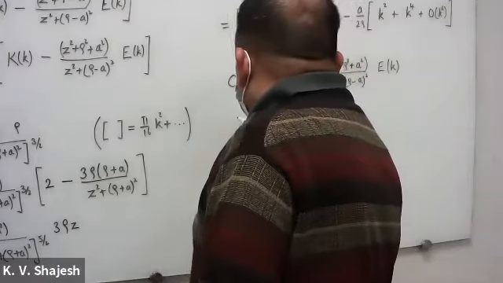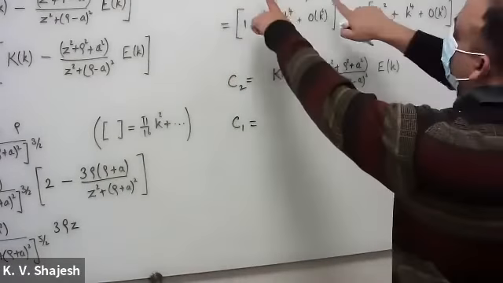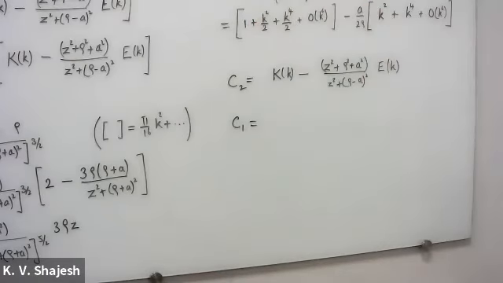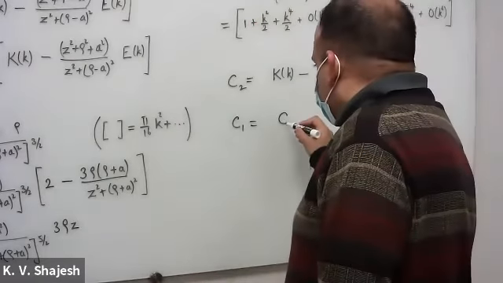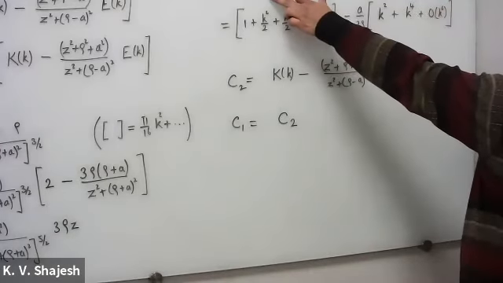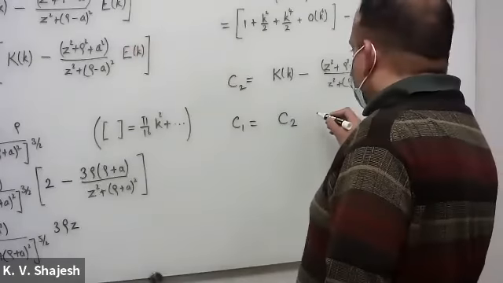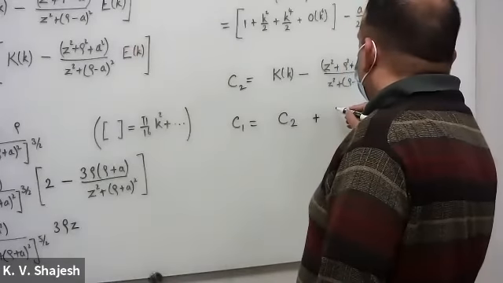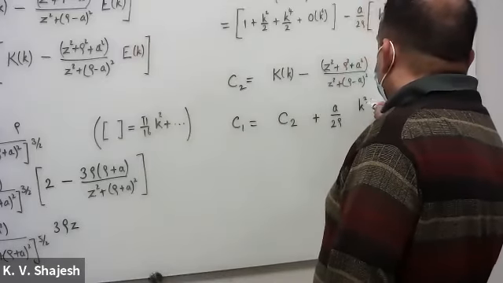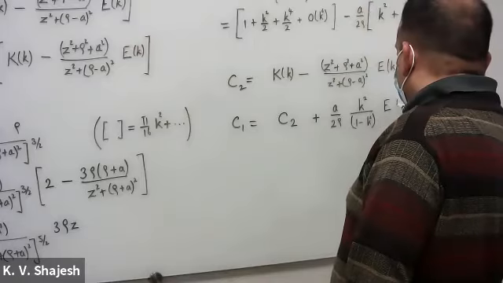So C1 would be, actually, because there is the term that contributes to C2 already in there, C1 is equal to C2 minus, when I substitute that there, plus a/2ρ times k² times 1/(1 − k²) times E of k.